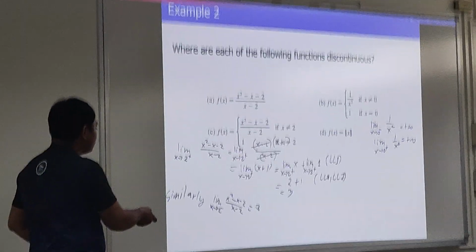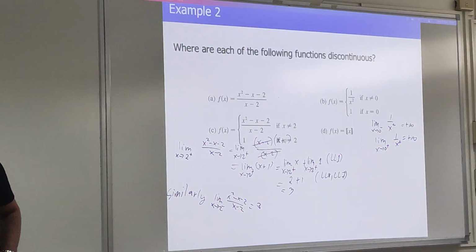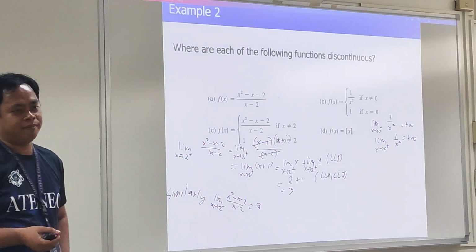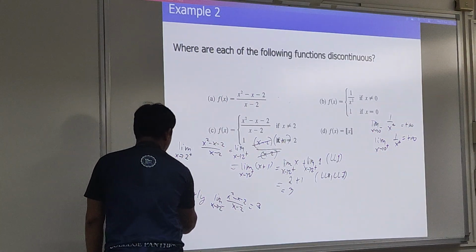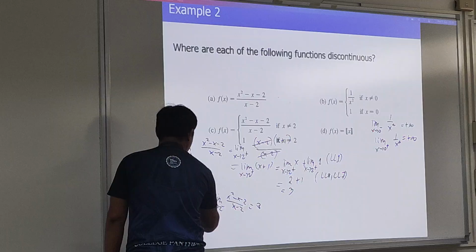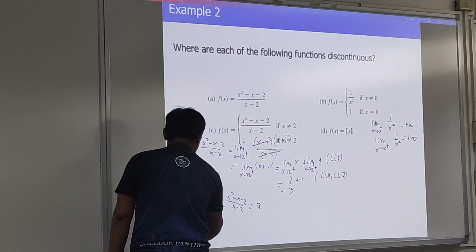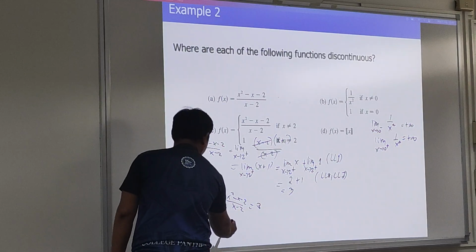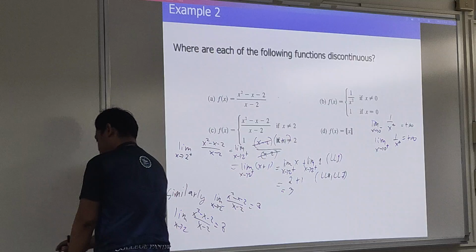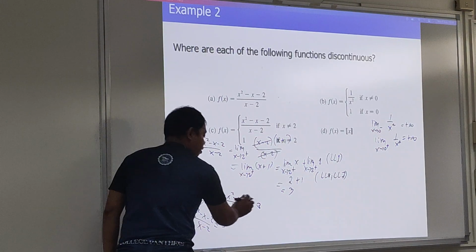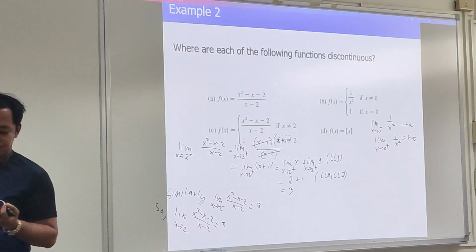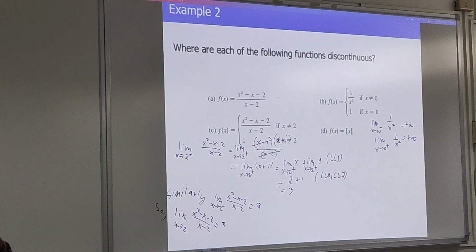So the limit of your function is just 3, since the right hand limit and the left hand limit are equal. But again, the third condition is not satisfied. Okay, how about this letter B?